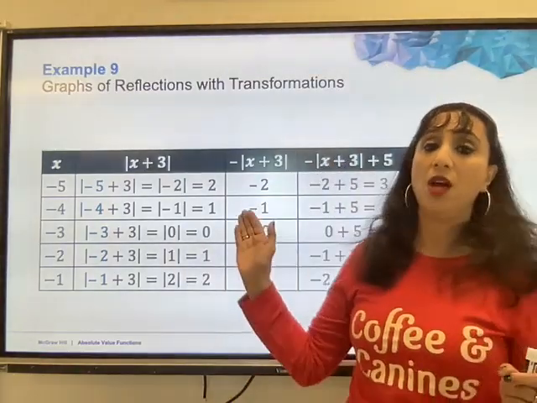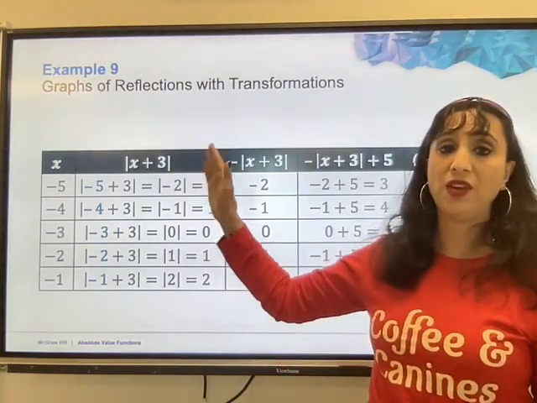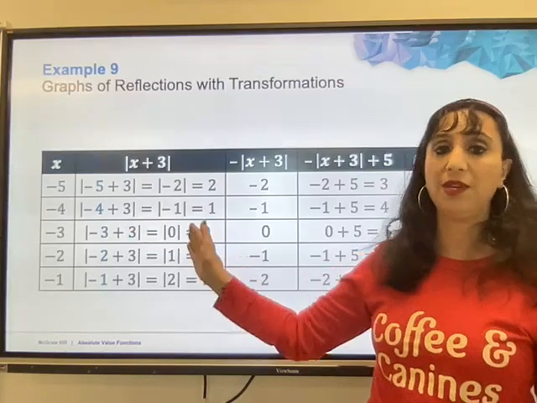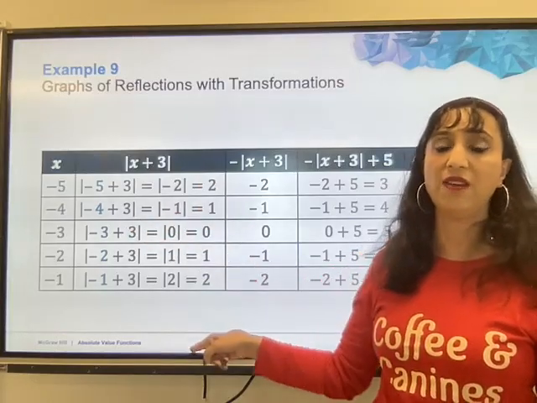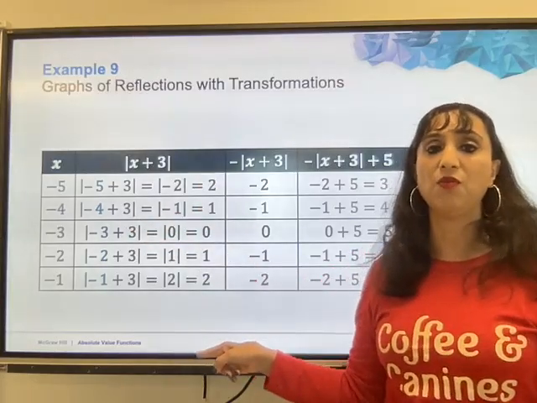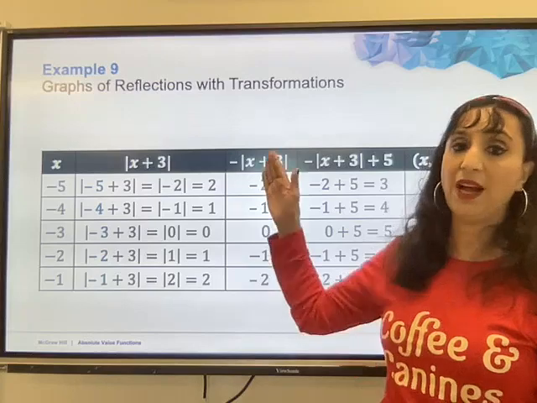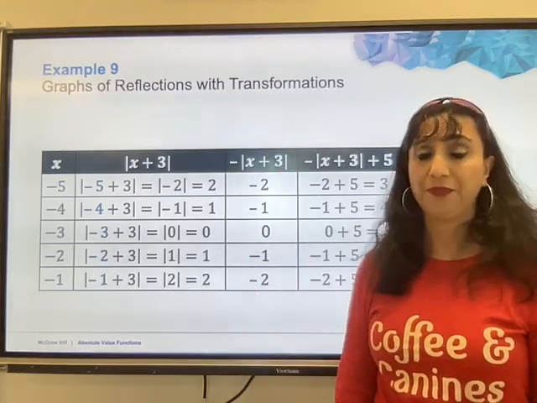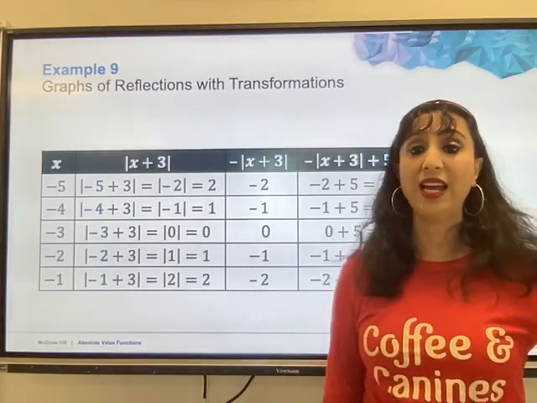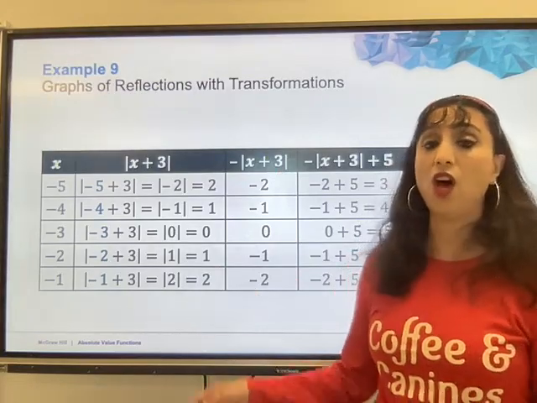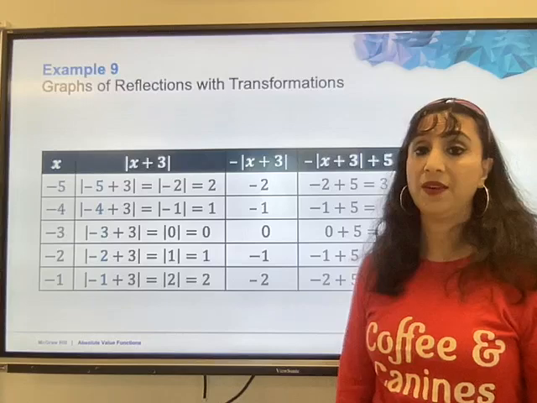And so negative 5 plus 3, negative 4 plus 3, negative 3 plus 3. So we get these values, negative 2, negative 1, 0, 1, 2. And then of course the absolute value gives a positive value. And then we have the negative outside, so all of them become negative.